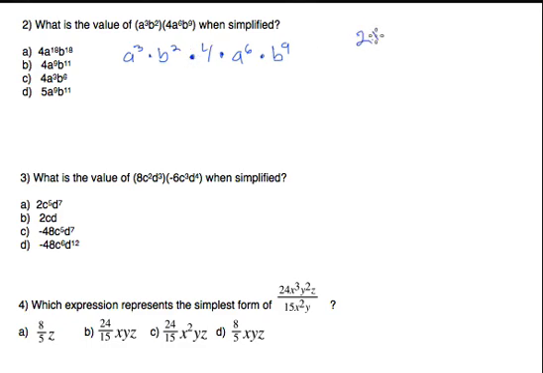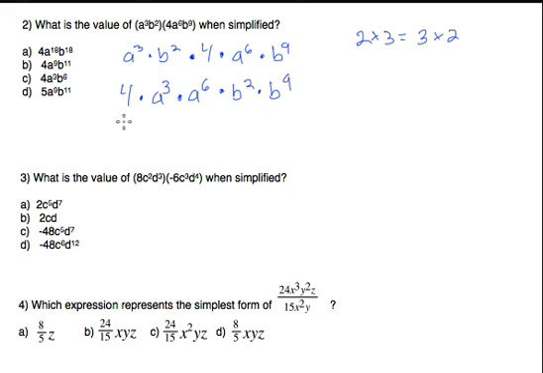Remember, 2 times 3 is the same as 3 times 2. The order, when you're multiplying, does not matter. So, I'm going to change the order here, and I'm going to put my 4 first. And then I'm going to group my like terms together. A cubed times a to the 6th times b squared times b to the 9th.